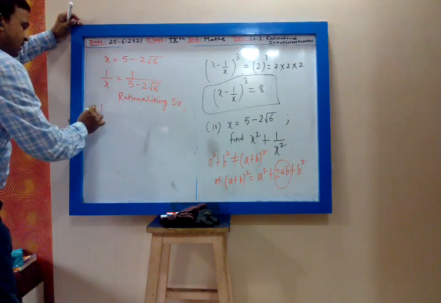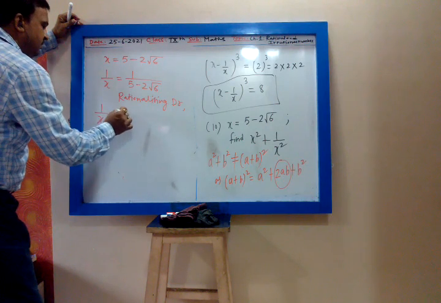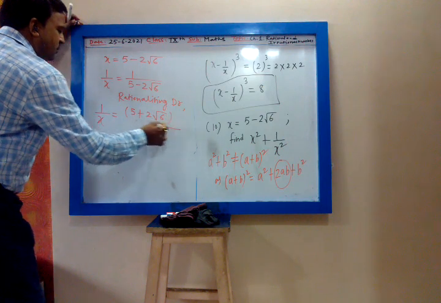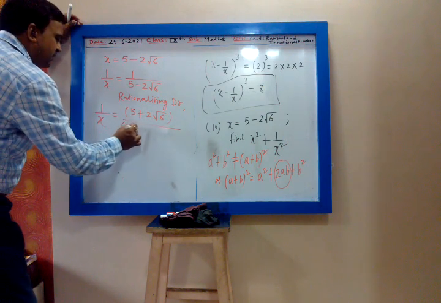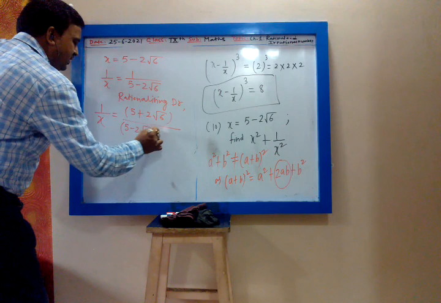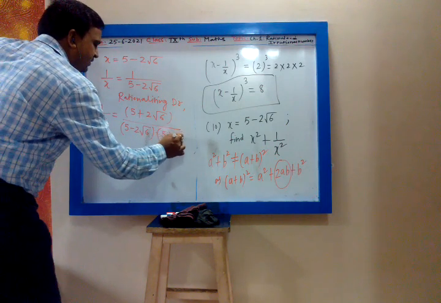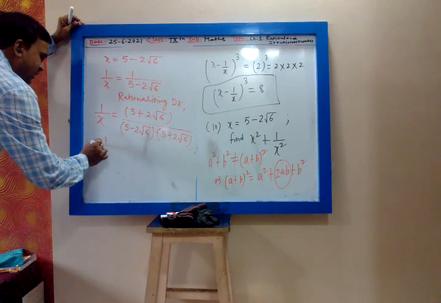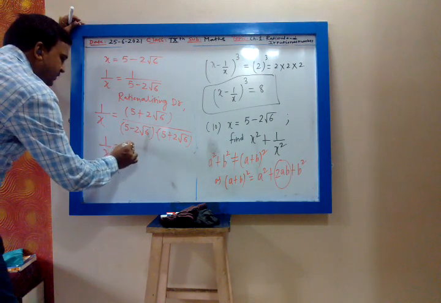What you will get? 1 upon x will be 5 plus 2 root 6 upon 5 minus 2 root 6 into 5 plus 2 root 6.